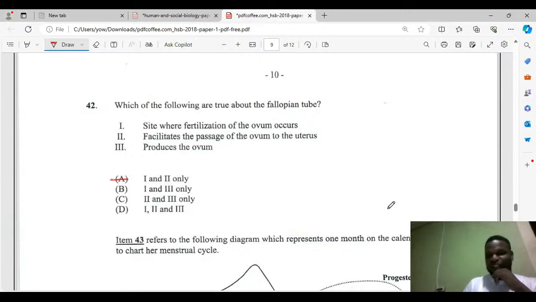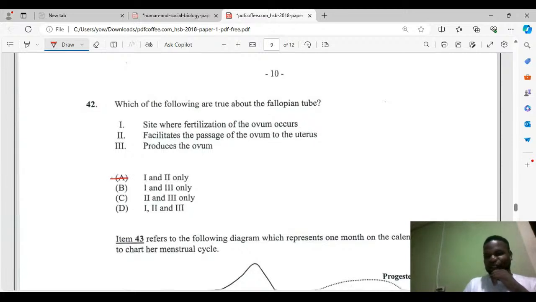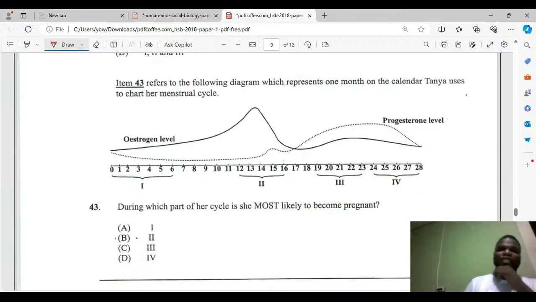Excellent, guys. We're getting there. We have 17 more questions. Let's knock it out. This refers to the following diagram, which represents one month on the calendar Tanya used to chart her menstrual cycle. During which part of her cycle is she most likely to become pregnant?